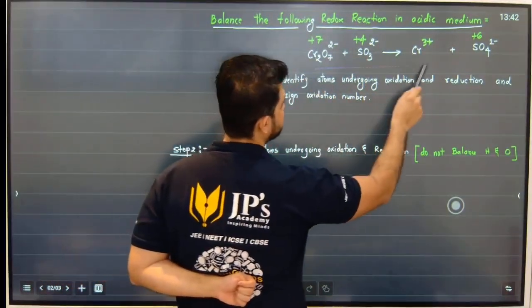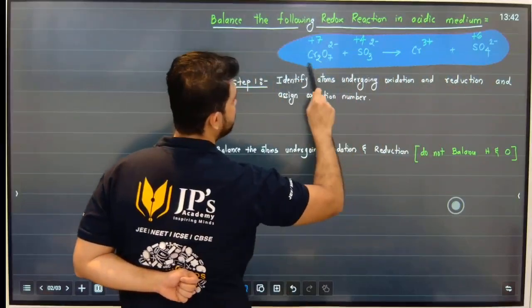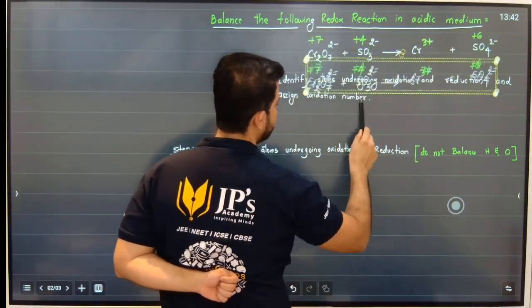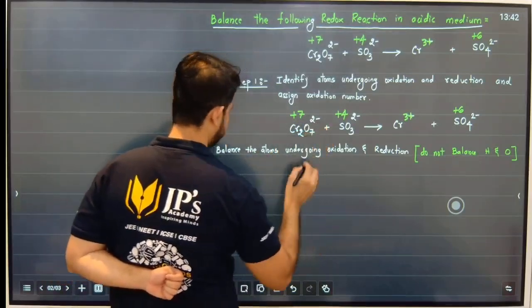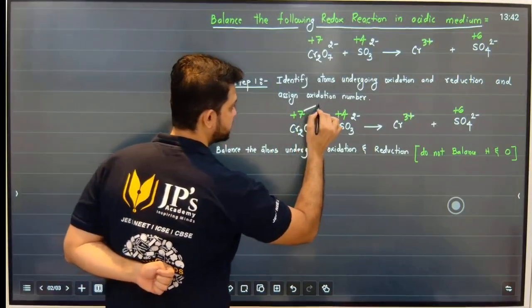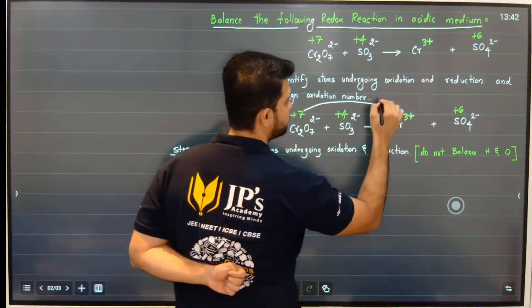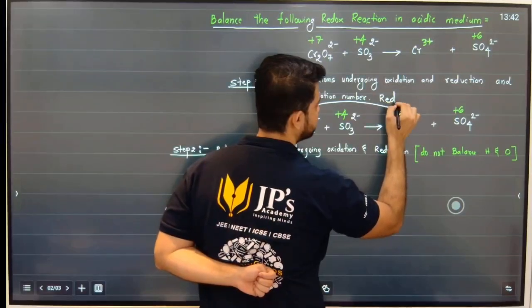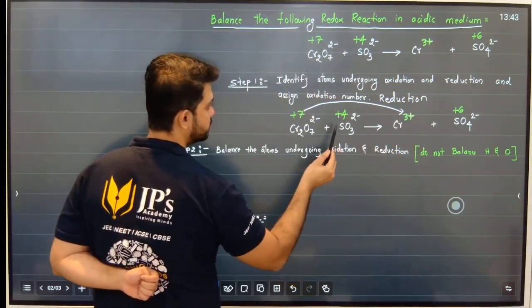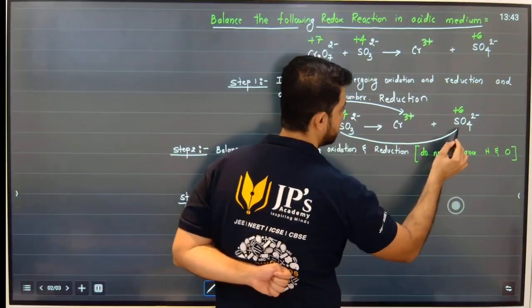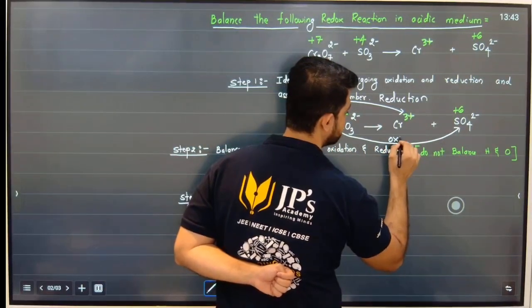Since chromium went from +7 to +3 students, तो हम बोलेंगे chromium का हुआ है reduction. And sulfur has gone from +4 to +6. So sulfur का is oxidation.